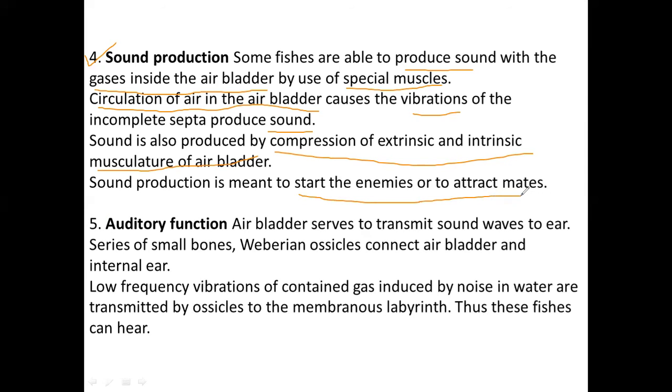So it is generally used either to frighten enemies, in order to make them afraid, or to attract opposite sex mates. So sound is generated by the vibrations of the incomplete septa, by the circulation of air, either through the compression of extrinsic and intrinsic muscles of the air bladder, or by the special kind of muscles present in the air bladder.